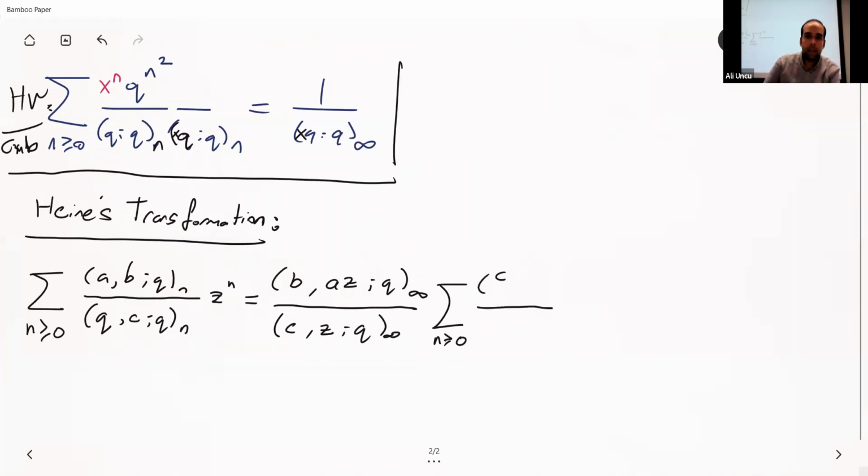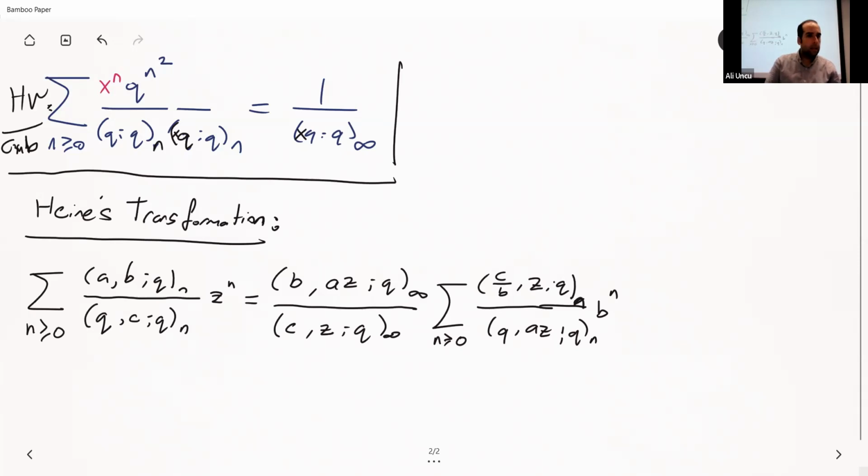It is (c/b; q)_n (bz; q)_n, again a sum over n, divided by (q; q)_n (az; q)_n, and b to the power n. Good, right?